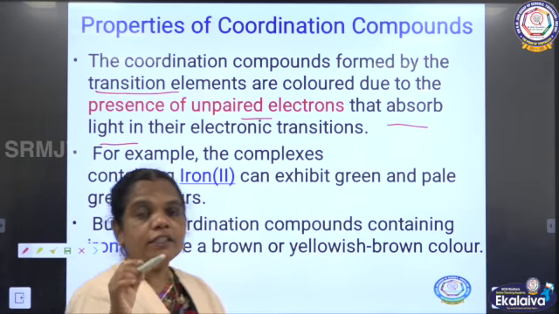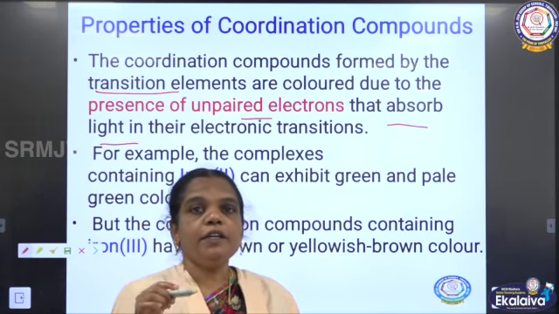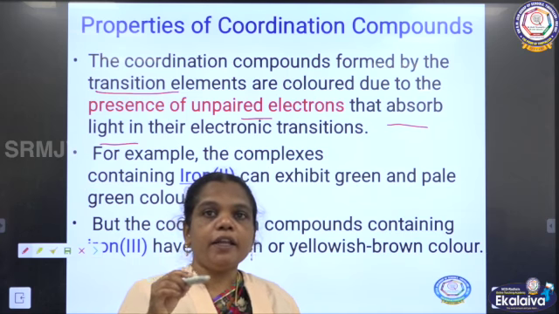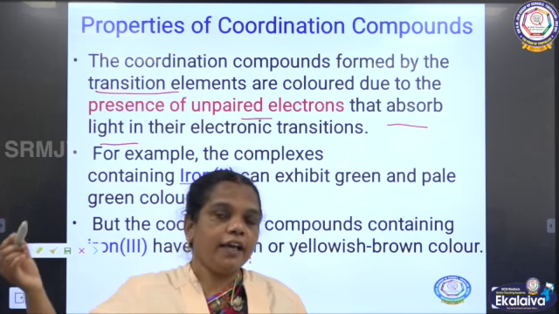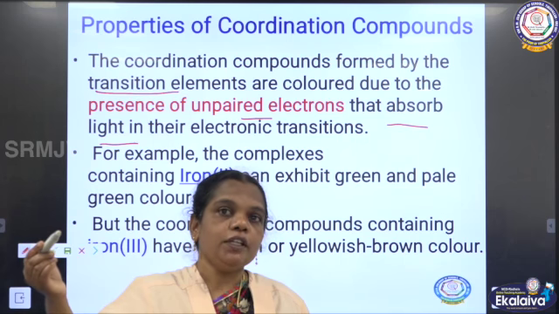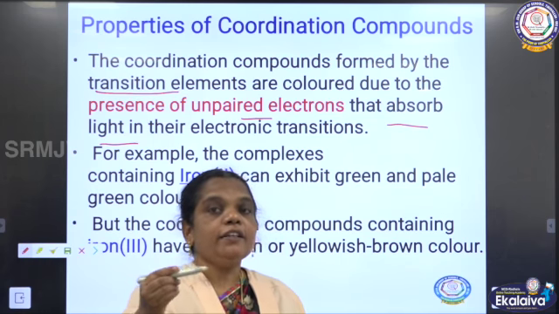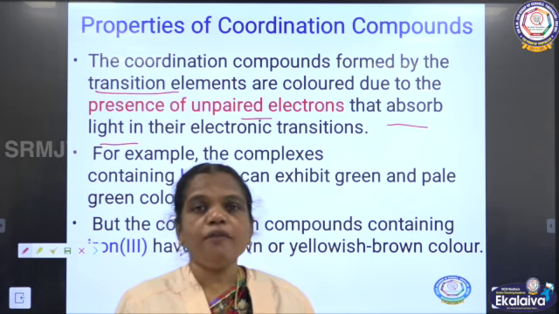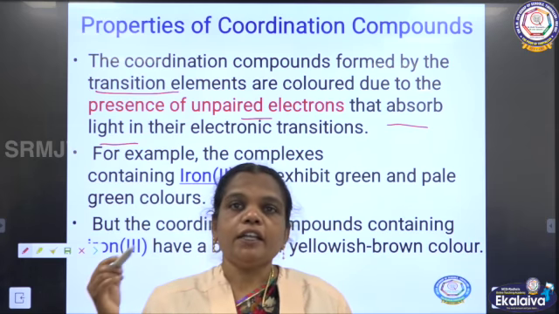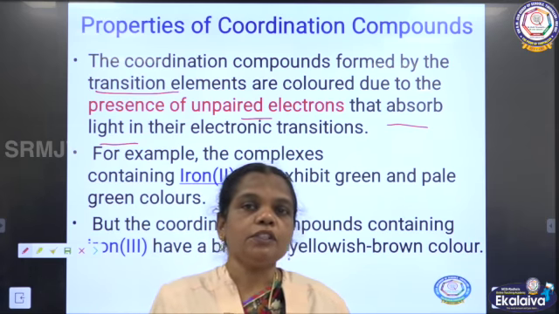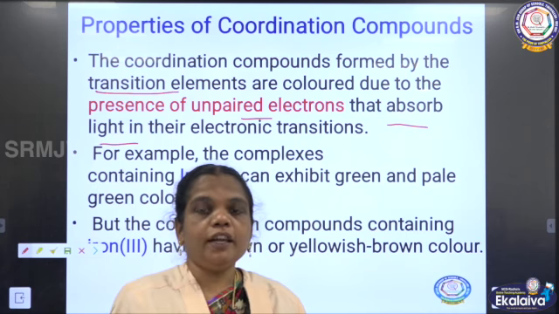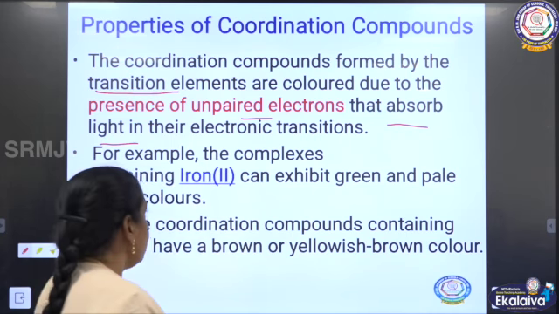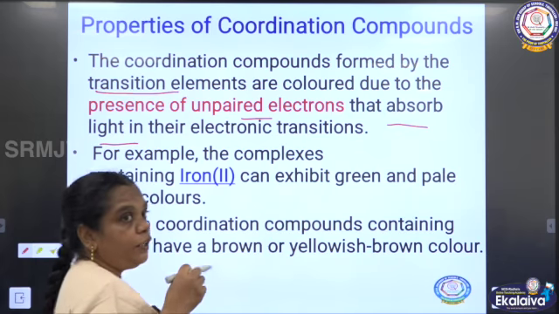The transition element has incomplete d orbitals, so electrons can be promoted from a lower energy level to a higher energy level during the excitation state. In the transition, they absorb light in the form of energy. After that, they come back to their original position, emitting light with the wavelength of a particular color. So, due to that, they can give the color.